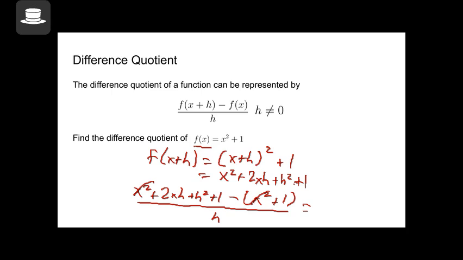So that leaves me with 2xh plus h squared divided by h. These all have a common h, so I can divide those out. Well, let me write it up here. So my final result is 2x plus h, and that would be my difference quotient for this given function. The difference quotient is used as a basis of calculus, so we'll discuss this more later, but just so you see it and know what to expect.